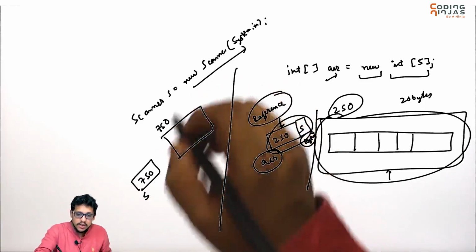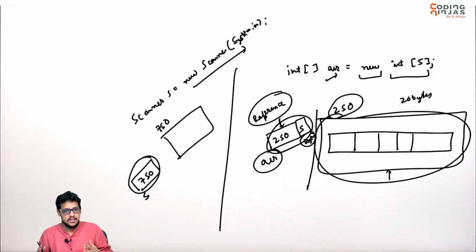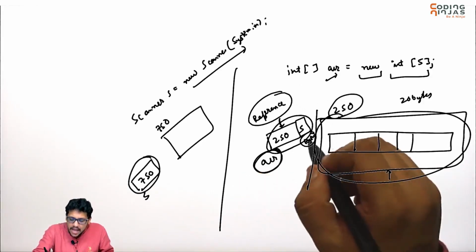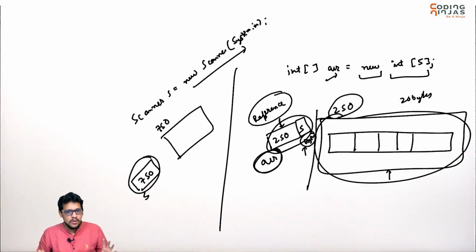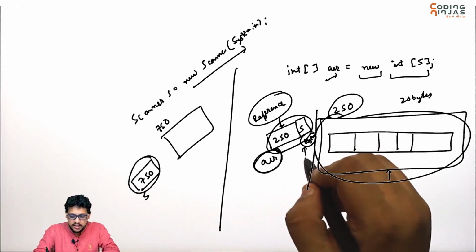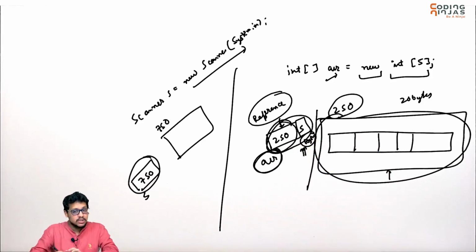S is not storing any value, it is storing the reference, right? arr is storing the reference as well as the length. So an array stores one special thing, that is the length, but the main thing it is storing is the reference. We write String S equal to this, there also the string is storing the reference.